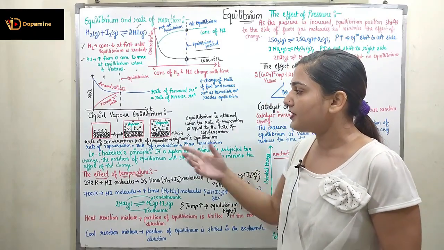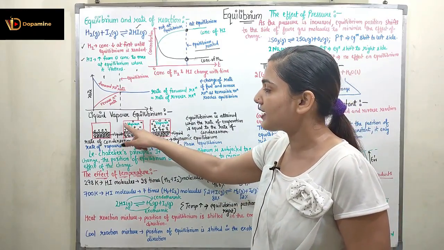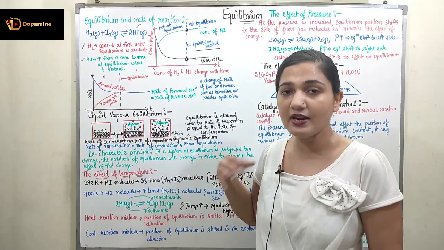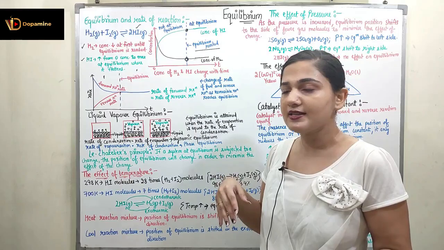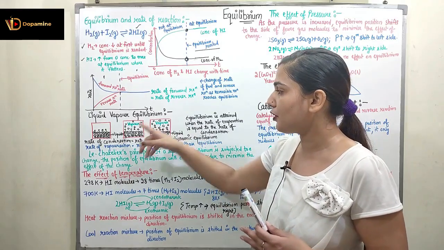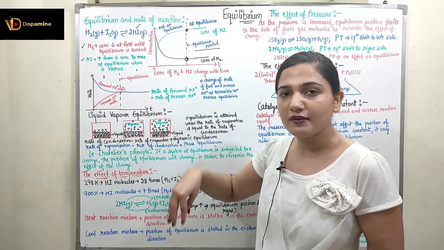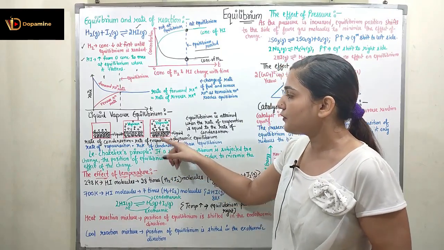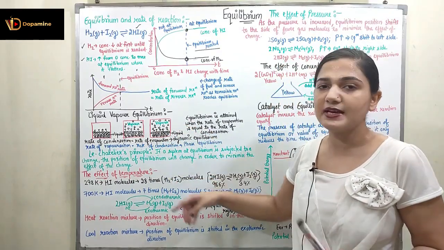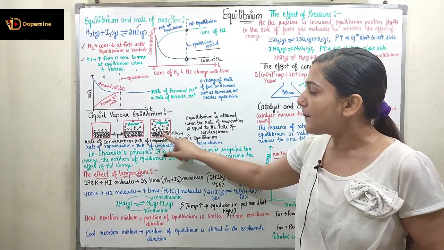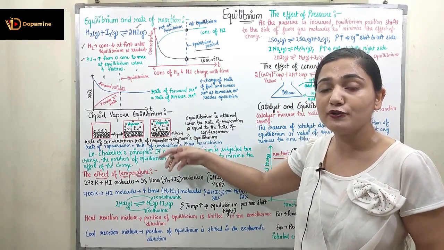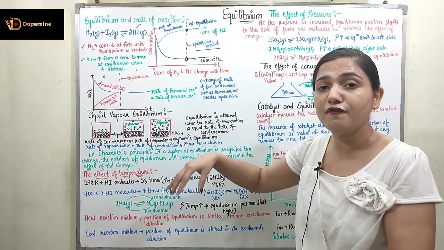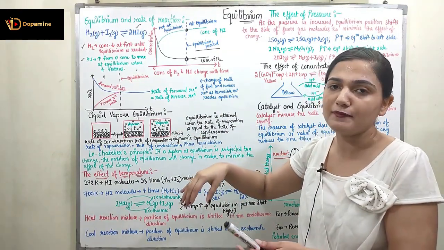When they reach the vapor state, they will start hitting the walls of the container, and they will again get condensed. At condensation, the vapor will again convert into the liquid state. The equilibrium state is reached when the rate of formation of vapor molecules from liquid molecules is the same as the rate of formation of liquid molecules from vapor molecules, right?